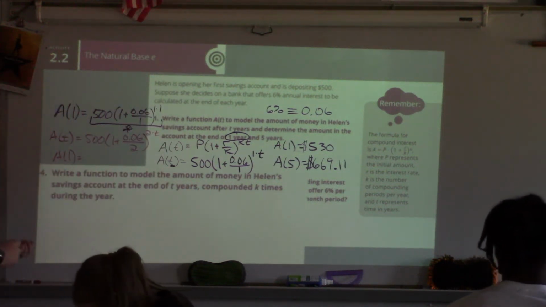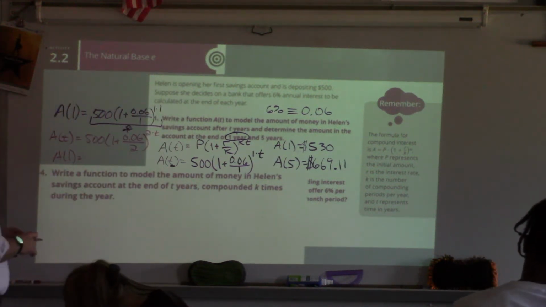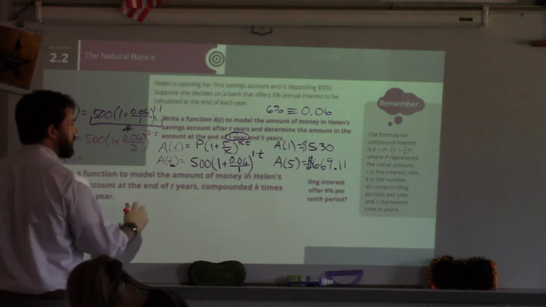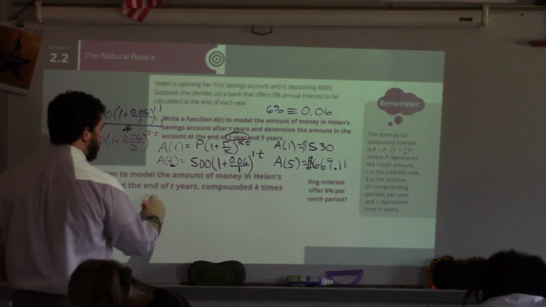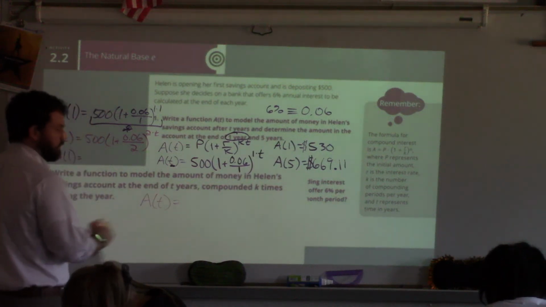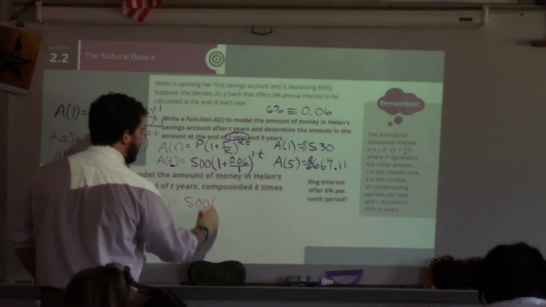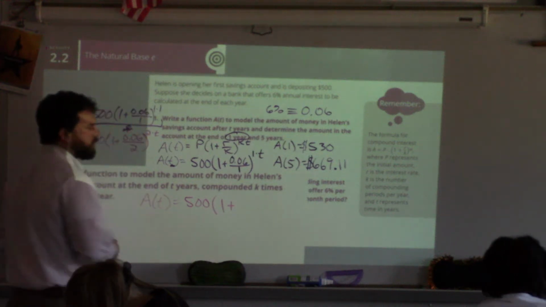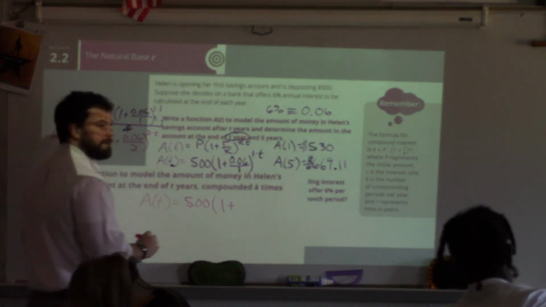So write a function to model the amount of money in Helen's savings account at the end of t years, compounding k times. Well, what's her P, her initial investment? 500 times 1 plus, what's her interest rate? 6%.